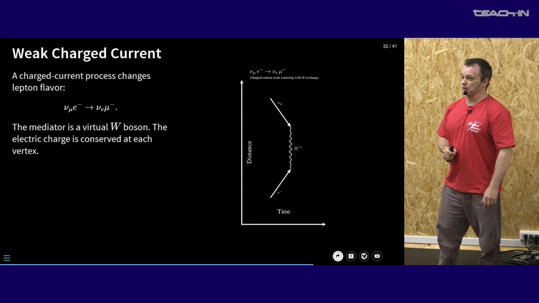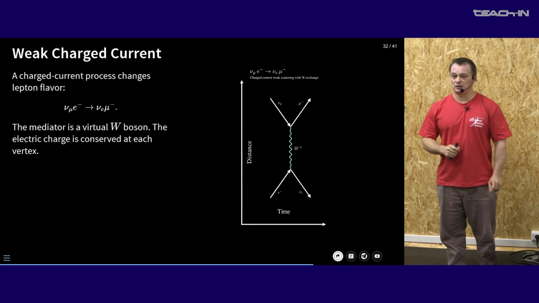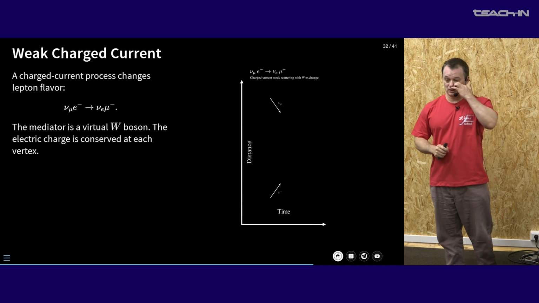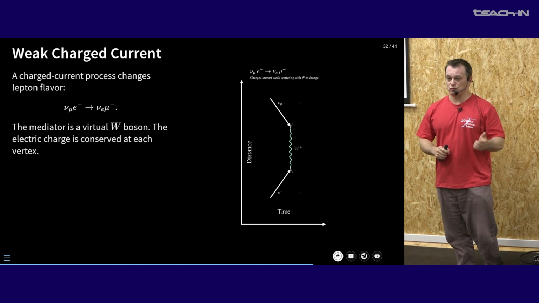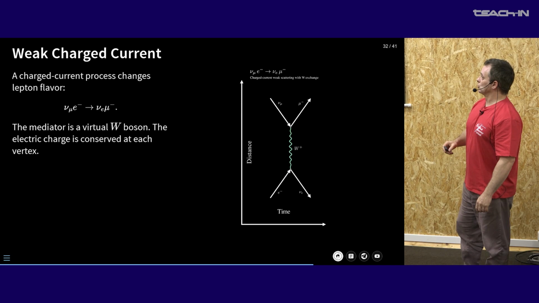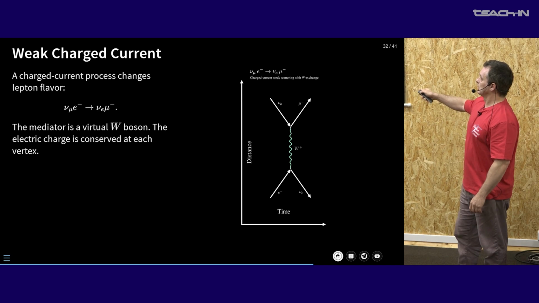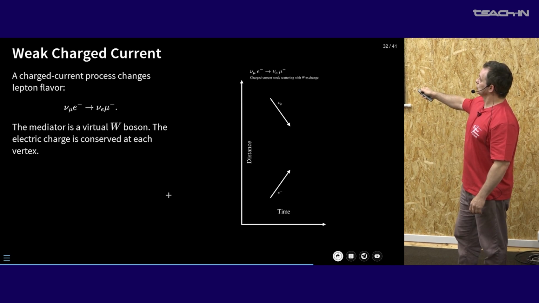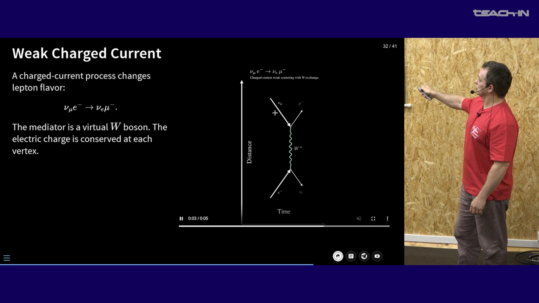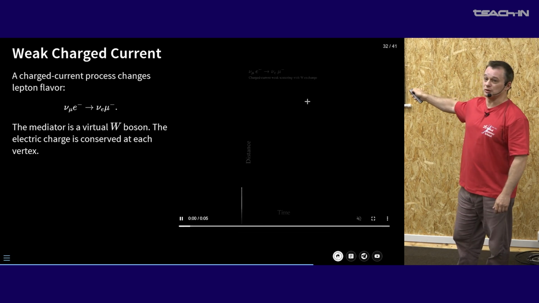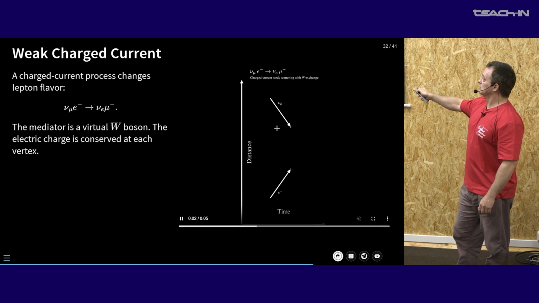But weak interaction is particular in the sense that it has another set of bosons, which are charged bosons. You can now have an exchange of this charged boson, and this makes something different. Now, a muon neutrino, if you look carefully, is transformed into a muon in the same vertex, emitting a W boson.